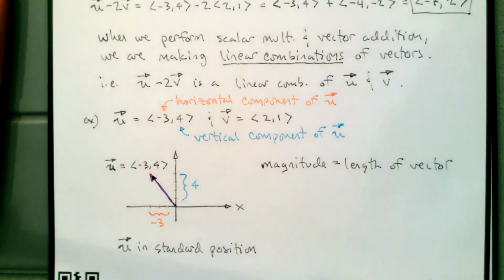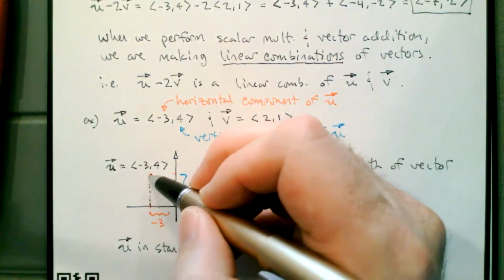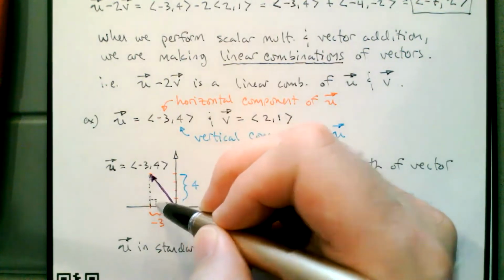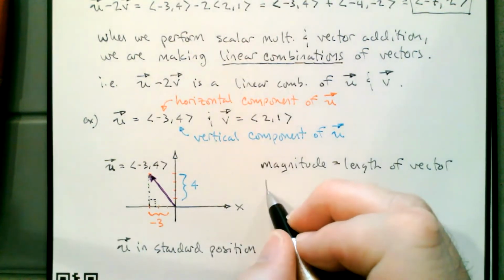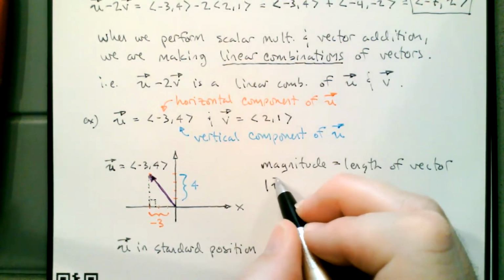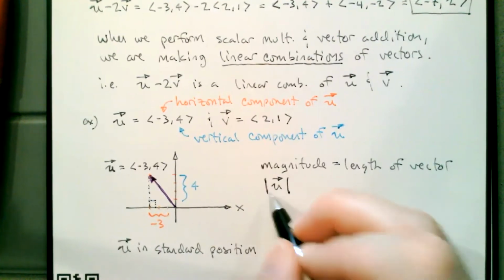And so if we look at this vector as the hypotenuse of a right triangle, we could just use the Pythagorean theorem to find the magnitude of the vector u. So our notation for this is the absolute value of u, but we're not going to read it as absolute value. We're going to say the magnitude of u.